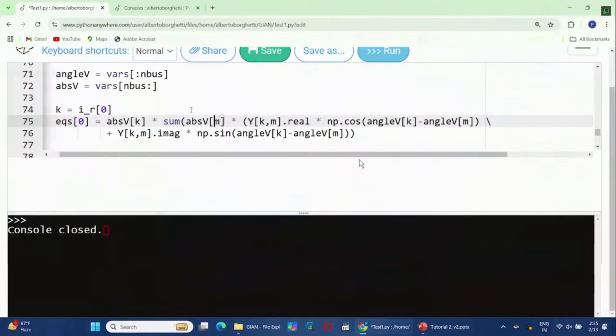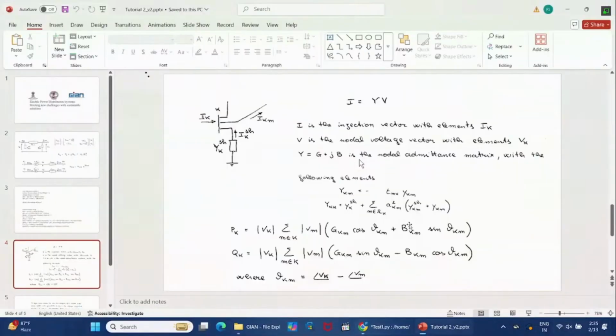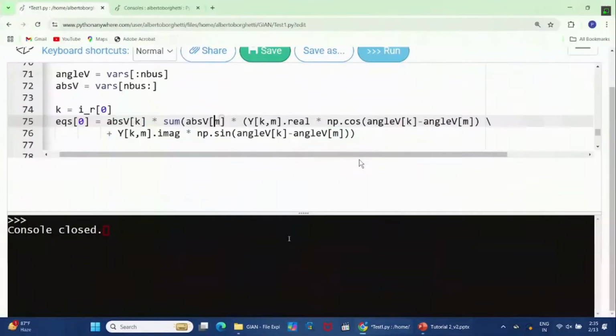M are all the nodes. So this is a summation for all the M in the network. So all the buses, for us, bus 1 and bus 2. So at the end of this, we need to say who M are. So we write for M in, and then we say the number of buses, for all the buses of the network.